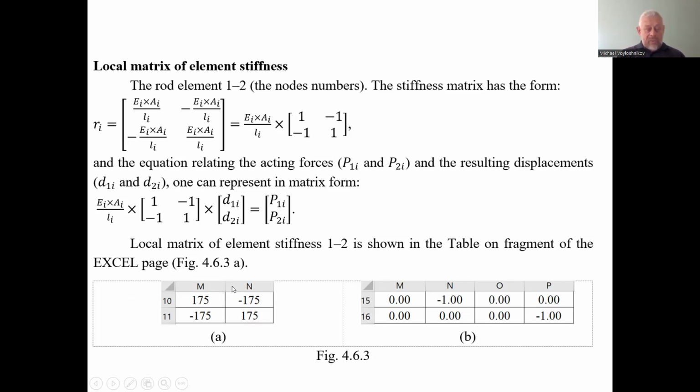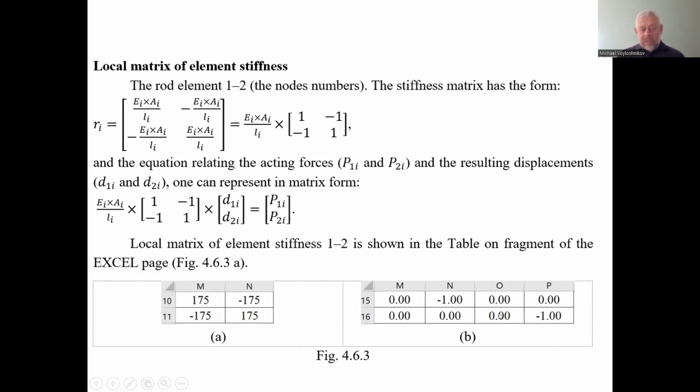After that, we do the next transformation from the local coordinate system associated with each finite element to the global coordinate system. To do that, we have to consider the cosine matrix, which is of the usual type. For the flat approach we used, the cosine matrix has zeros in the first row of the third and fourth columns, and zeros in the second row for the first and second columns.